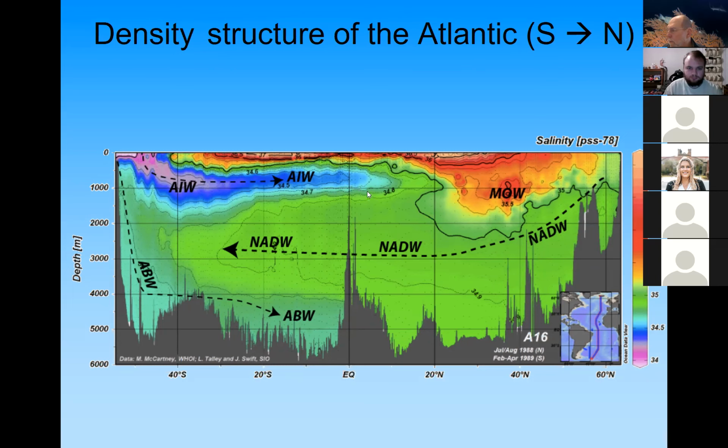So here's the equator, here's this high saline water. So this is cold water from Antarctica sinking underneath and flowing northward in this surface layer. On the other side of the equator, we have mid-ocean water, MOW, also sometimes called mid-Atlantic water.